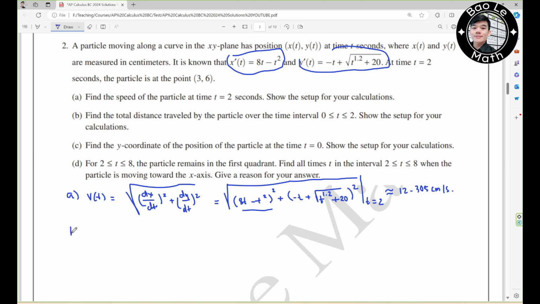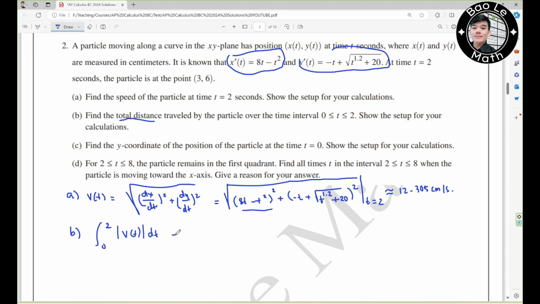Alright, question B. Find the total distance traveled by the particle over the time interval 0 to 2. Here's the keyword: total distance. So it's going to be the integral from 0 to 2 of the absolute value of v(t) dt.